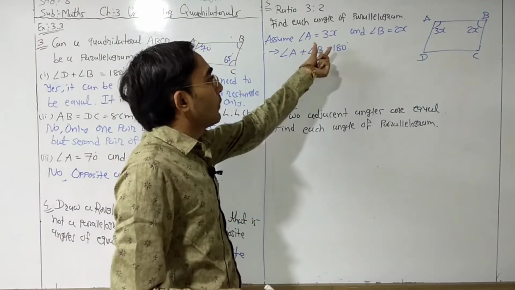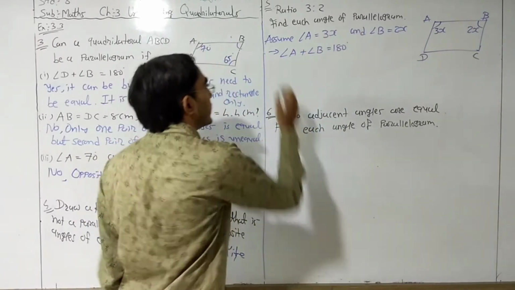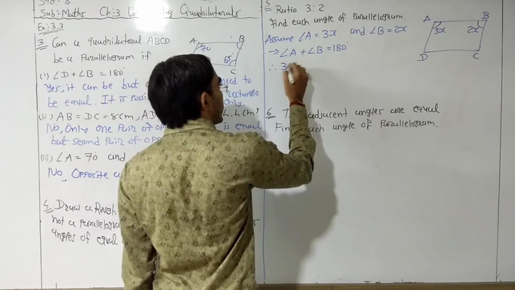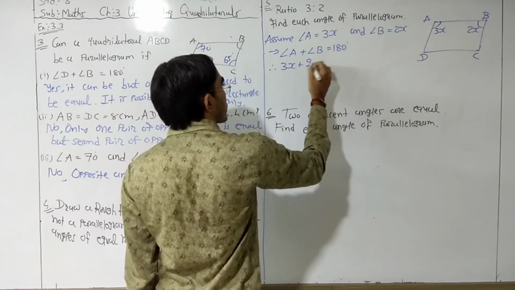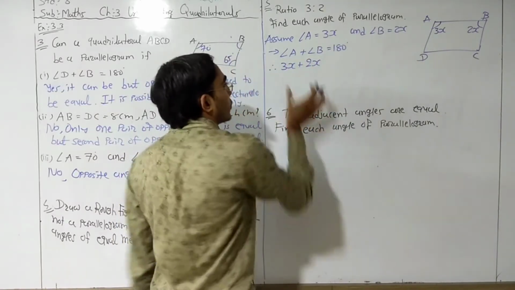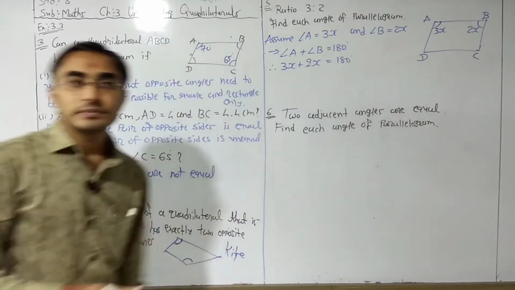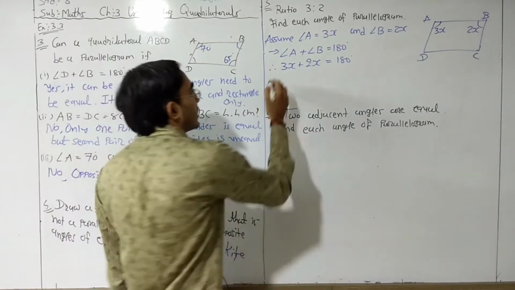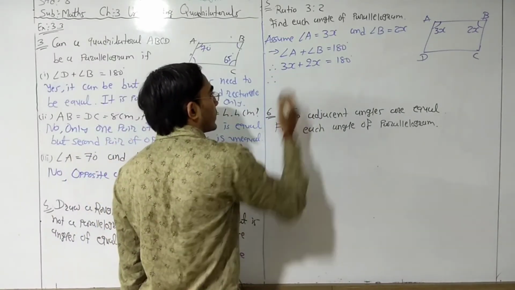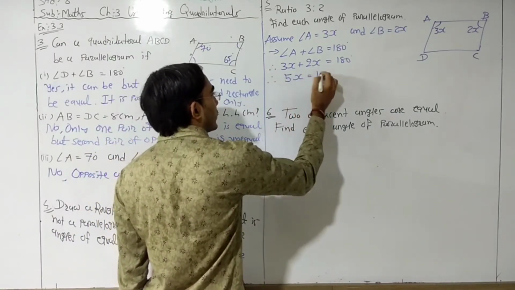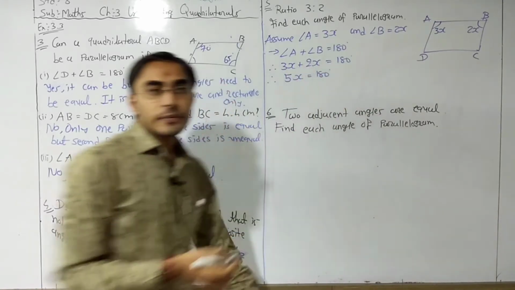Now put the value of angle A and angle B. So angle A is equal to 3x, angle B is equal to 2x. So 3x plus 2x is equal to 180 degrees. Now 3x plus 2x, 5x is equal to 180 degrees.